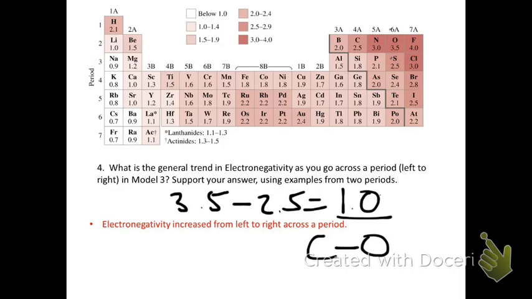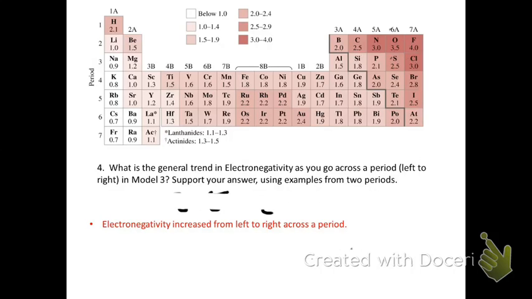So let's erase this. Let's look at more of an ionic bond. Something like between lithium and, let's say, oxygen.